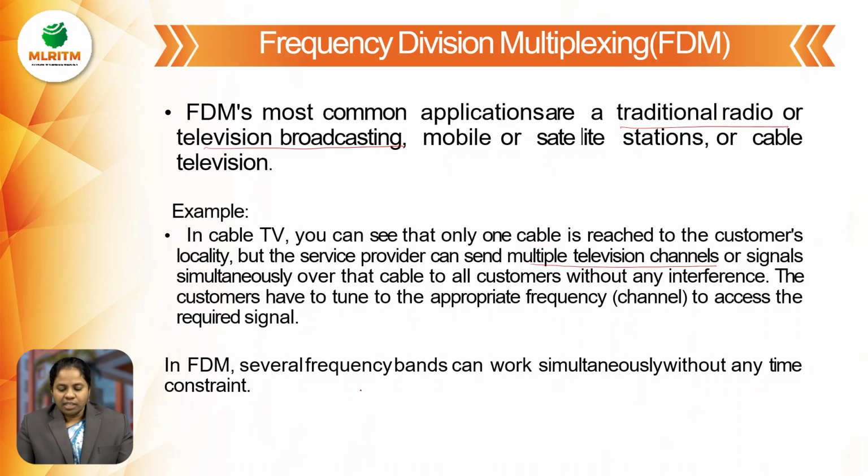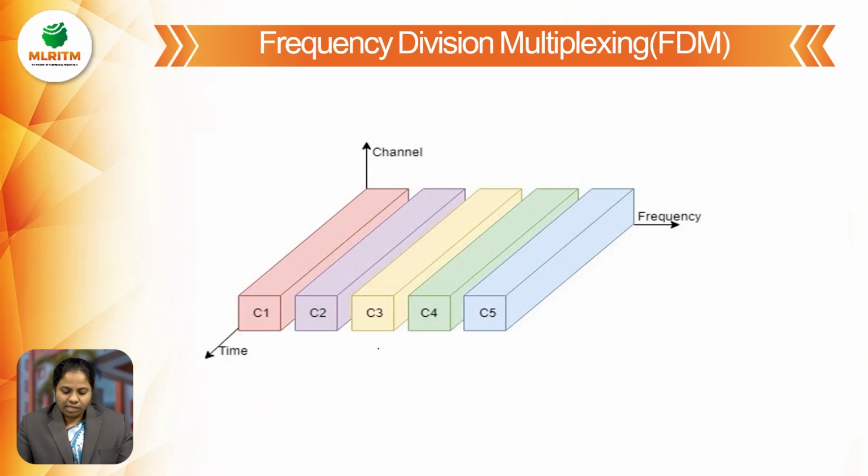In FDM, several frequency bands can work simultaneously without any time constraint. Frequency bands are divided into different channels, and each channel telecasts different programs individually.